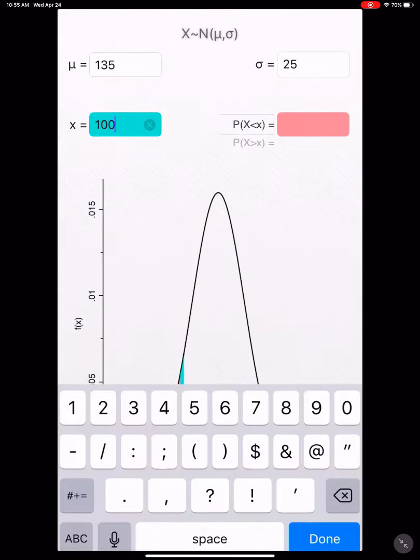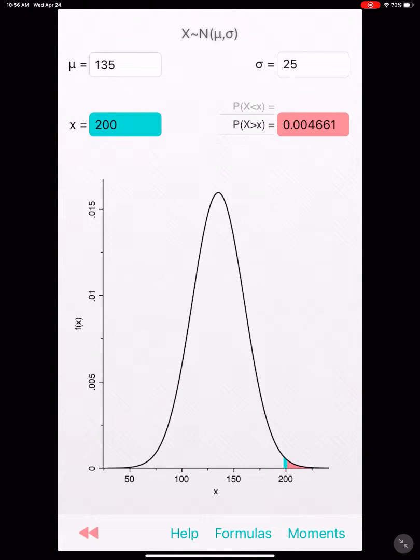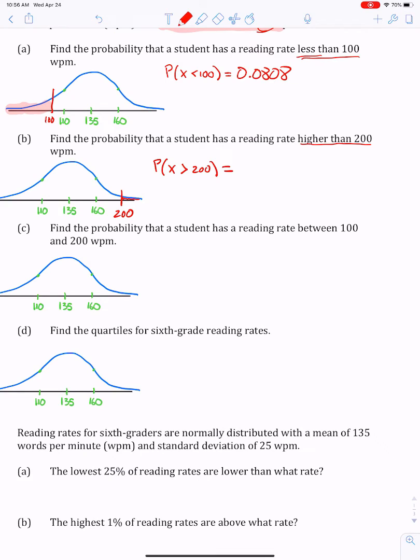So change the 100 to 200, and change this to greater than, because we want higher than. And it shows that little tiny sliver of pink way off to the right, just beyond 200. The area is the probability, which is 0.004661, or 0.0047, we'll call it. So that's 0.0047.